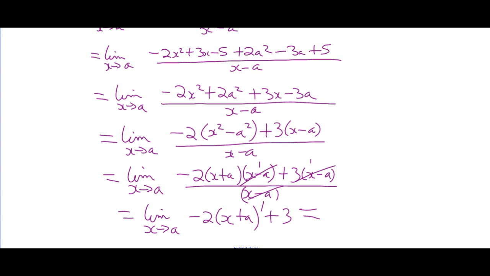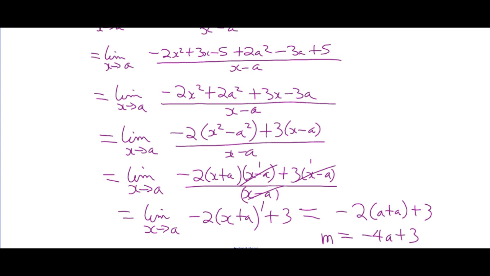So keep your limits. When you're doing the test on Tuesday and you're doing a limit like this, keep it until the point where the factor has been crossed off, and now you can substitute in. So what do you get? Negative 2a plus 3, which is what? Negative 4a plus 3.